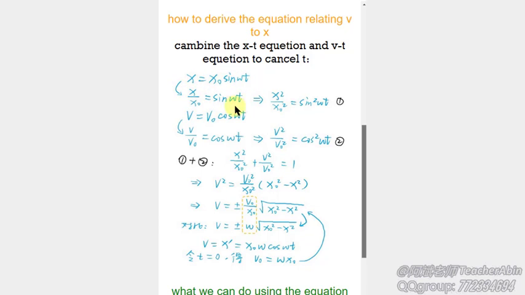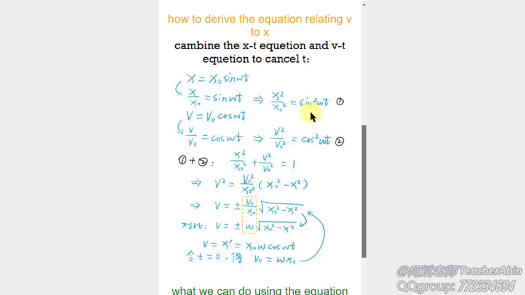Rewrite it as this, then square it to get this equation, labeled equation 1. And we also have the v-t equation right over here. We do the same: rearrange it, then square it to get this equation, labeled equation 2.